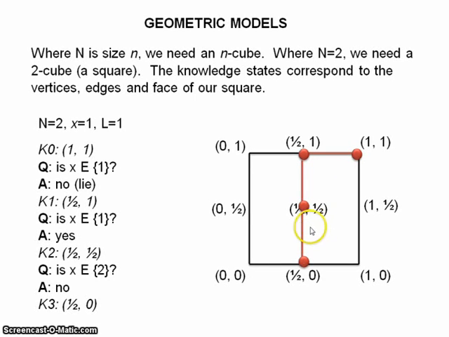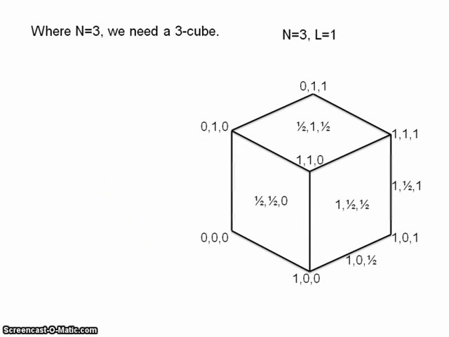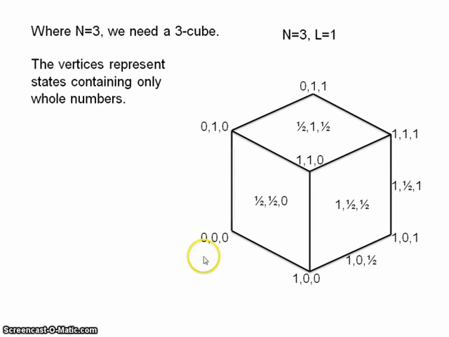So let's consider the case of a search space of 3. For this, we need a 3 cube, or just a conventional cube. And I haven't labelled all of the vertices, edges and faces here, but you should be able to figure out the rest fairly easily. Now again, as you can see, the vertices here represent states containing only whole numbers.